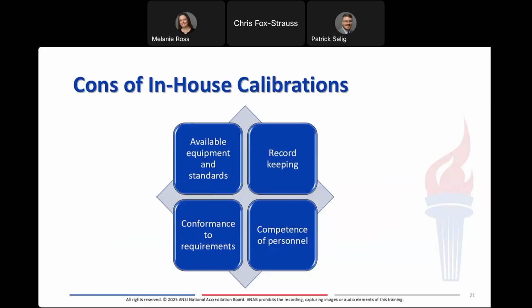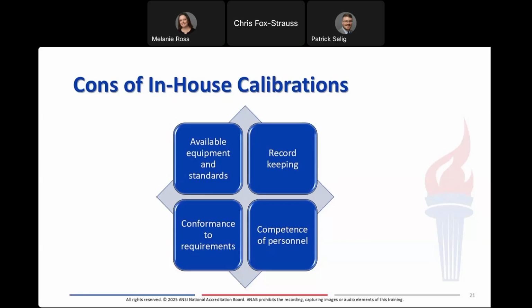There are downsides of in-house calibrations and many benefits for contracting equipment calibrations as well. Having the equipment and the standards needed to perform the calibrations could be prohibitive in cost and feasibility for the laboratory. Record keeping is another thing to consider when looking at in-house versus outsourced calibrations.